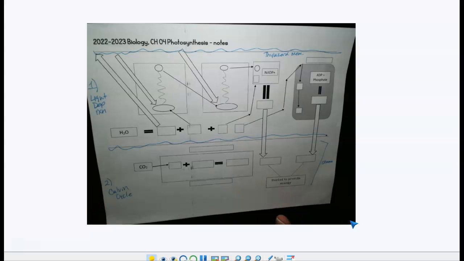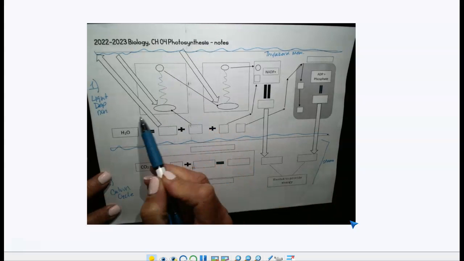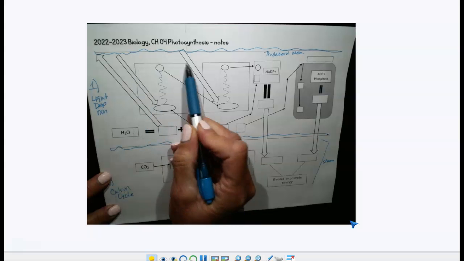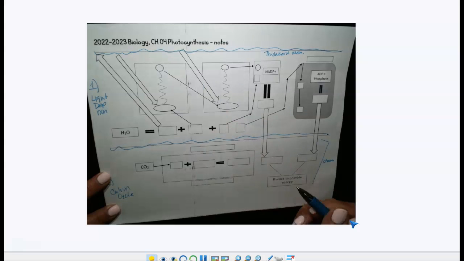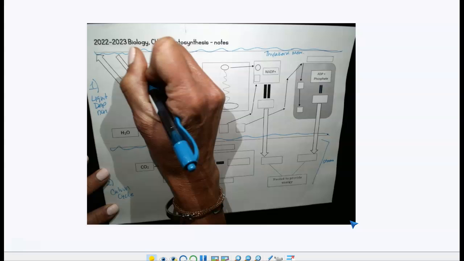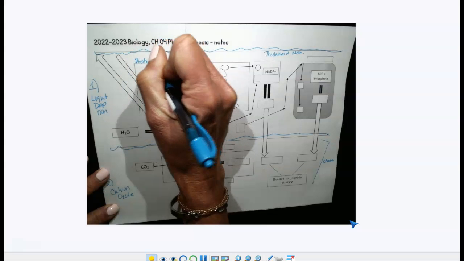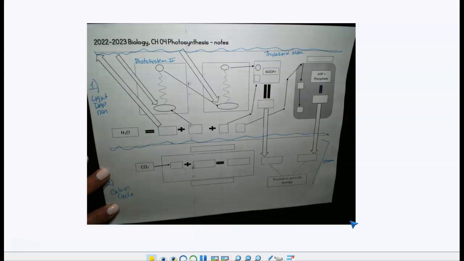Okay, so again, we are inside the membrane. This structure right here is a protein. That square thing is a protein, and this square thing is a protein. They have special names. This first protein is photosystem 2.